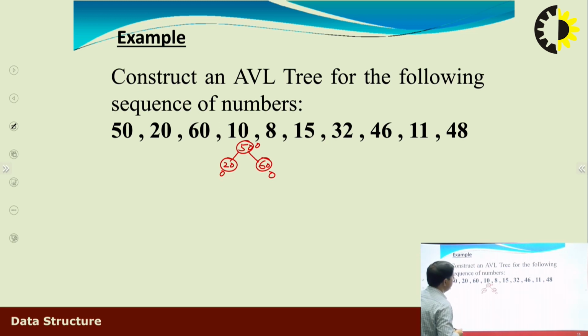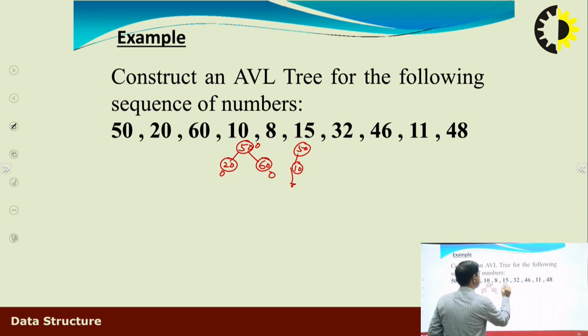After that, we have to insert 10. If we are inserting 10 in the given tree, then definitely, that is 20, my mistake. So 10 will be the left child of 20.